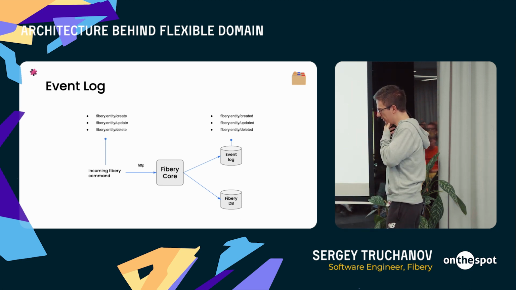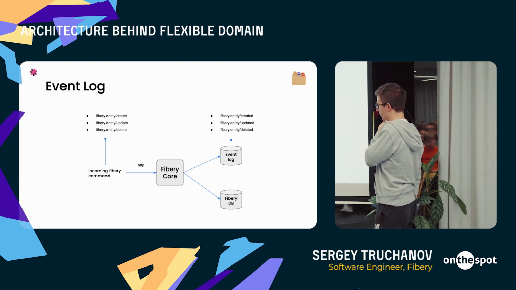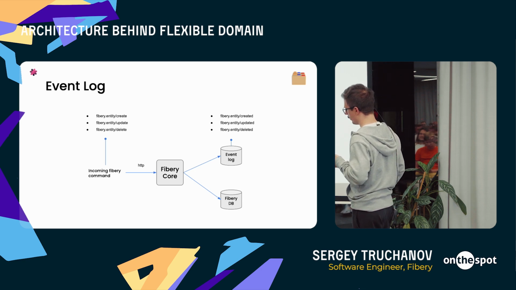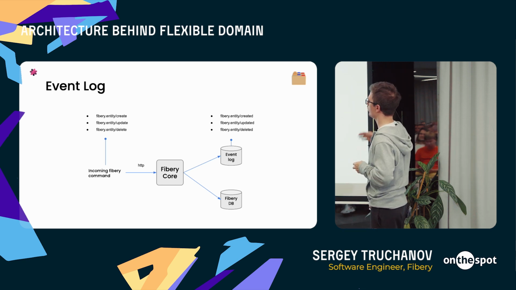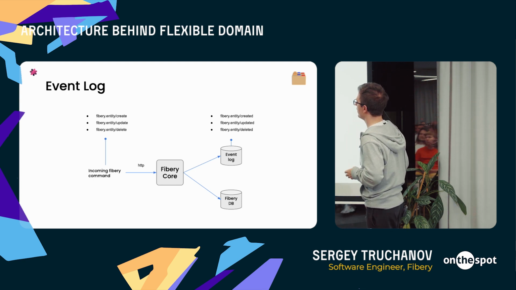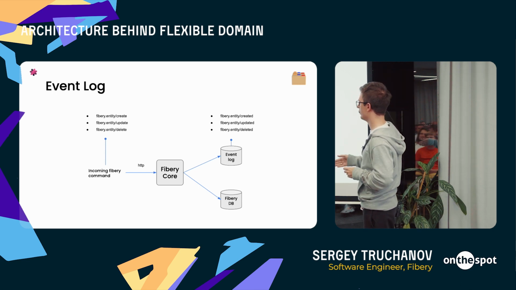Such an approach of having an event log from the very beginning, for such types of systems as Fibery, has some benefits. First, you can immediately start implementing additional functionality on top of the event log. So, for example, you want to send a webhook to a third-party system, or you want to have a notification system. You've immediately decoupled yourself.